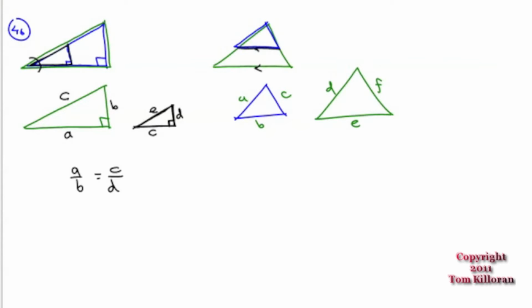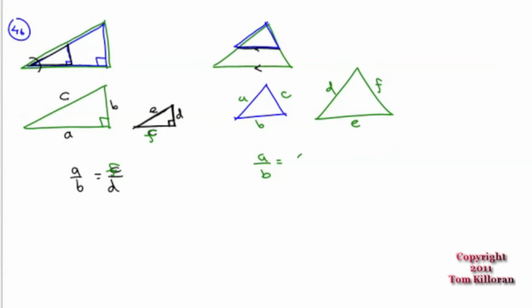I used C twice over there. I just realized that. Call the side F. So that would make this F. No one told me that. If I use the same letter twice, that's not good. The same thing happens. If I write A over B over here, what would it equal in the other triangle?